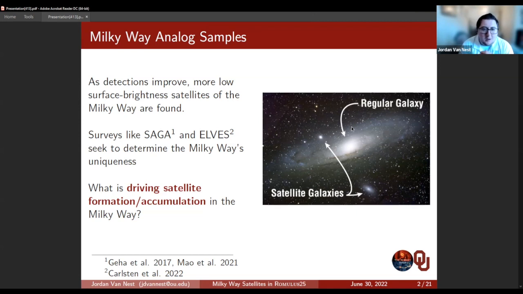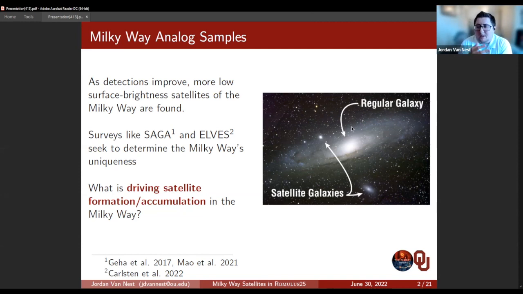But for all we know and all we study about the Milky Way, there is still a lot we don't know. A great example of this can be found in the Milky Way's satellite population, where recently, as our detection abilities and instruments have improved, we found a lot more low surface brightness satellites that previously we just didn't know existed. And if we want to use the Milky Way and other close by galaxies like Andromeda to intuit things about more similar galaxies elsewhere in the universe, the question of the Milky Way's uniqueness becomes a very important one.